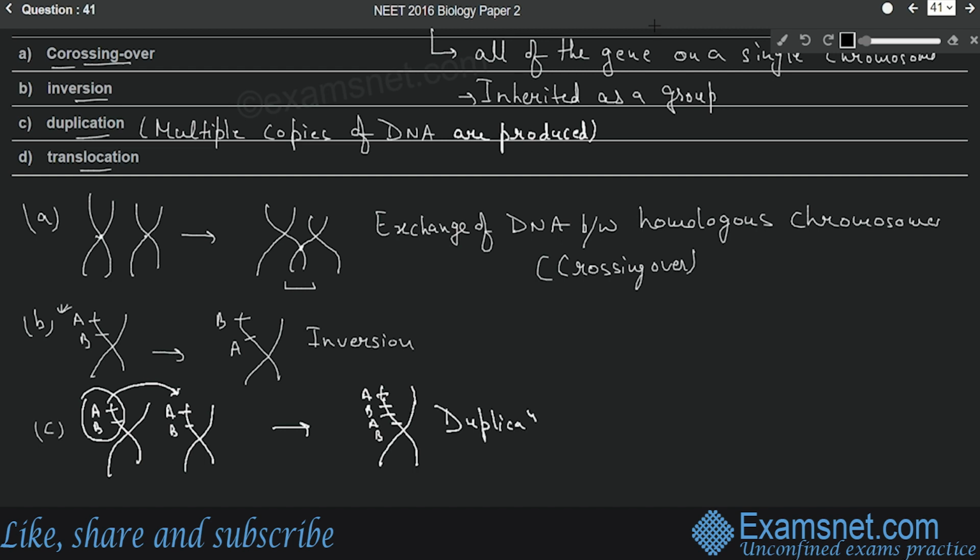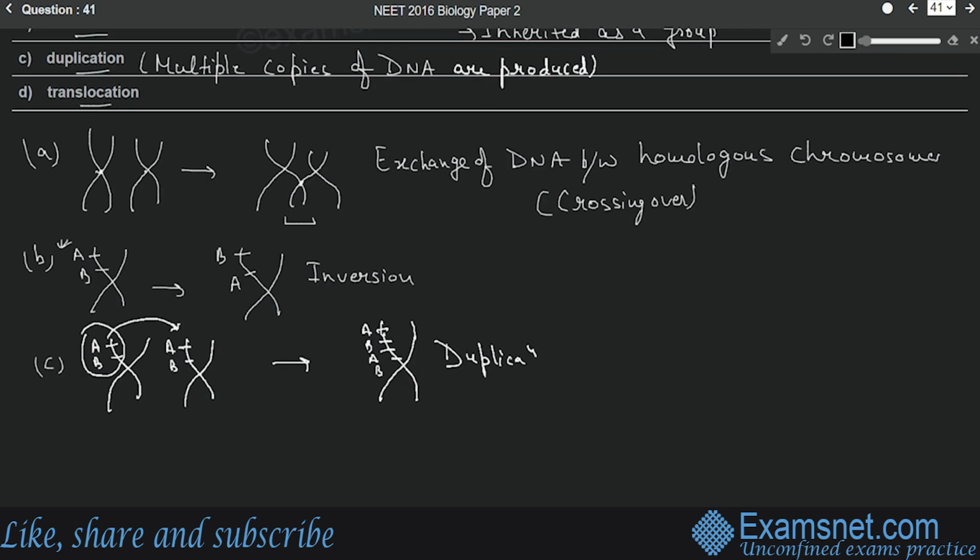And the last one is translocation. So what is translocation? Let's see. In the above cases, we saw that the DNA was transferred to the other chromosome, but within the same homologous pair. But in translocation, the DNA is transferred to some another chromosome that is not the part of this homologous pair. So these are the homologous pair of chromosomes.